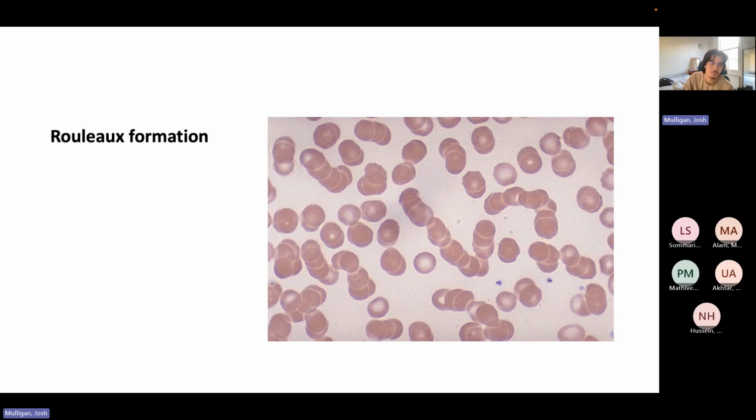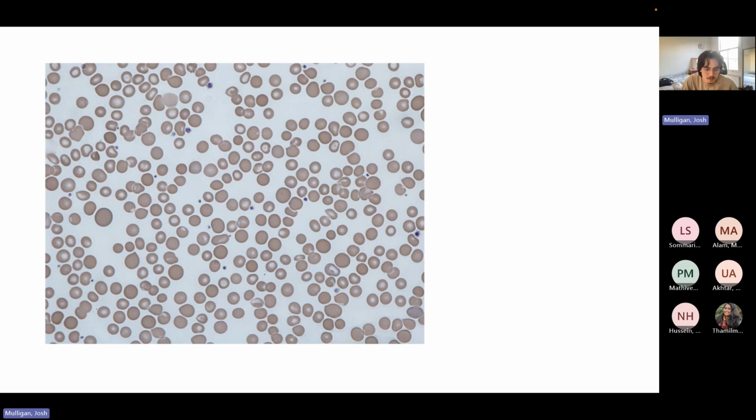In multiple myeloma, there's quite a lot of protein in the blood because the condition produces a lot more of these antibodies, and that can make the red blood cells a bit more sticky, so they adhere together and end up looking like this. So the increased serum protein does that.